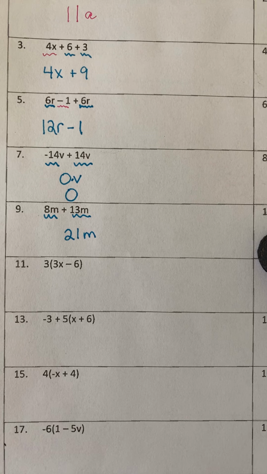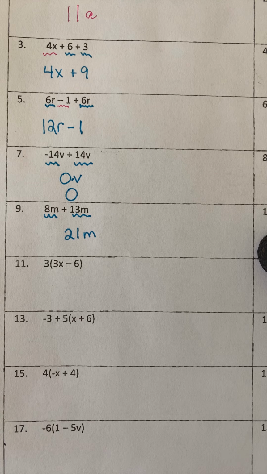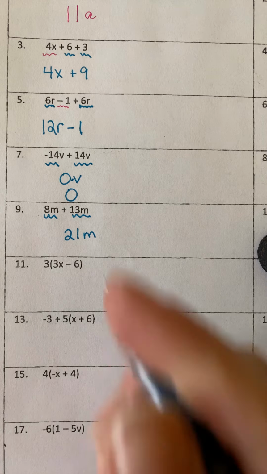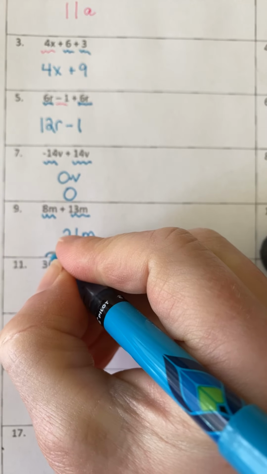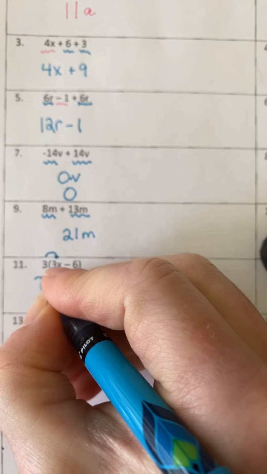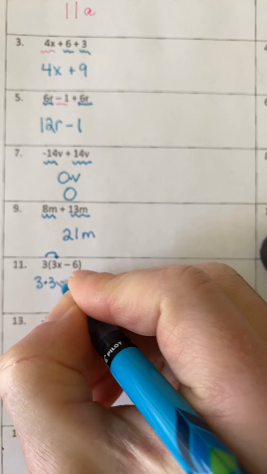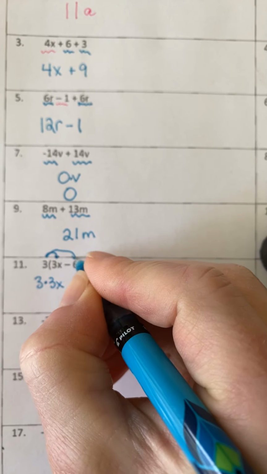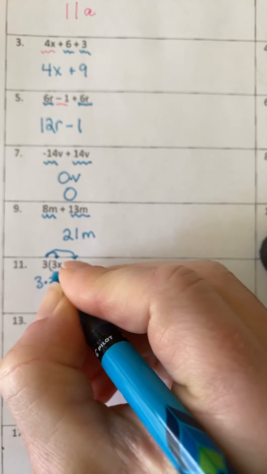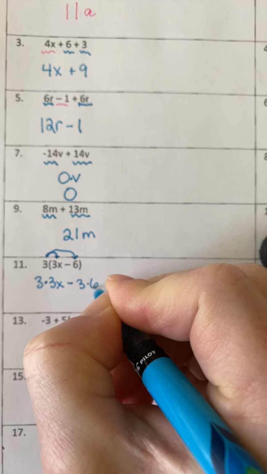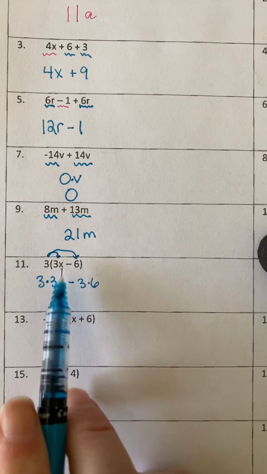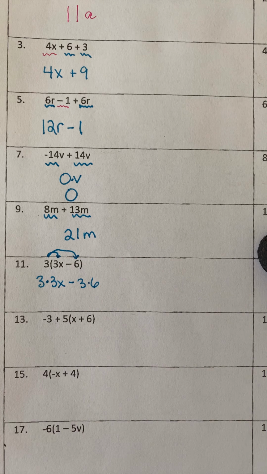So let's take a look at some distributive property. If we see parentheses, that's the very first thing we want to do, is remove those parentheses. After that, if we still have like terms, we can combine them. So what this means is 3 times 3x minus 3 times 6, or sometimes I just put those arrows there to remind me to do those multiplications.